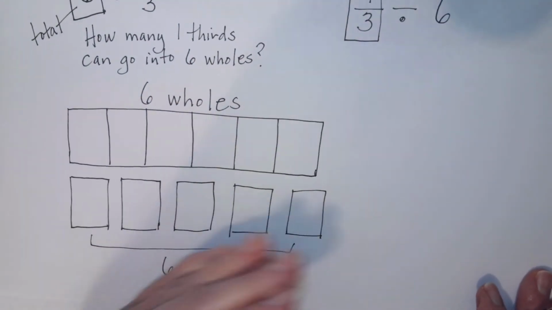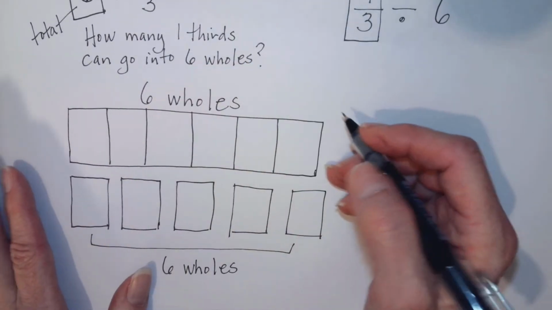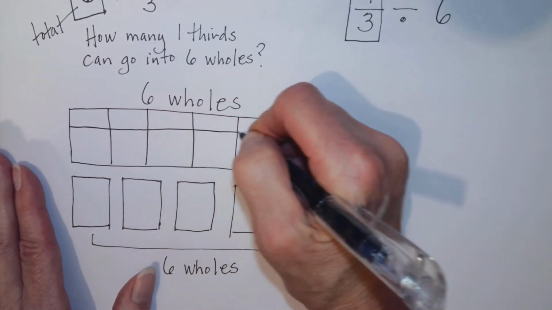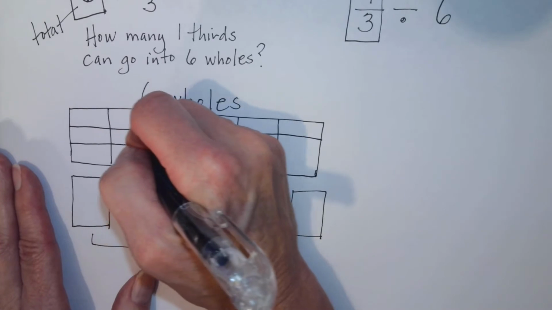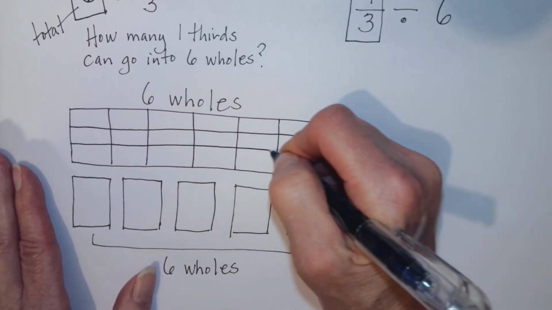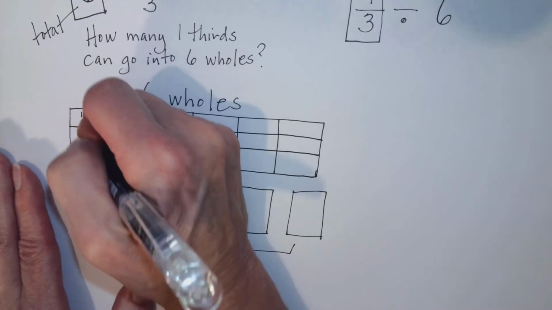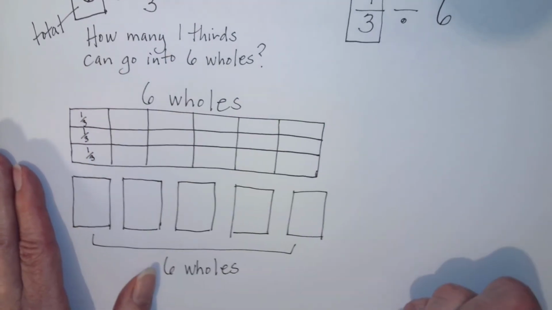Now they want to know how many 1/3 would go into 6 wholes. So if they had it in a model that looked like this, you could simply break up each of those wholes into 3 pieces, as nicely as you can. It doesn't have to be perfect. Because now this is a 1/3, this is a 1/3, this is a 1/3, right?